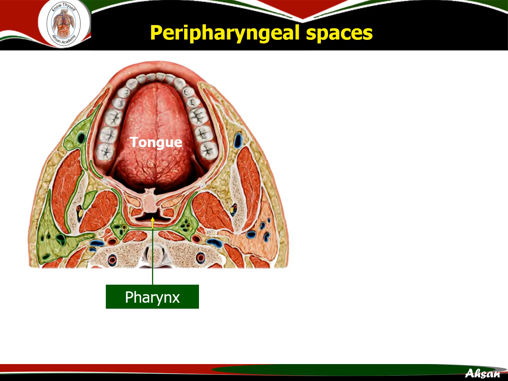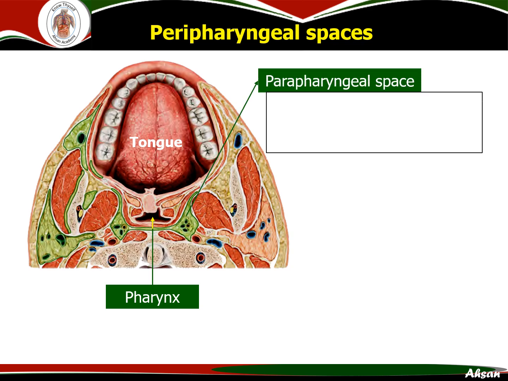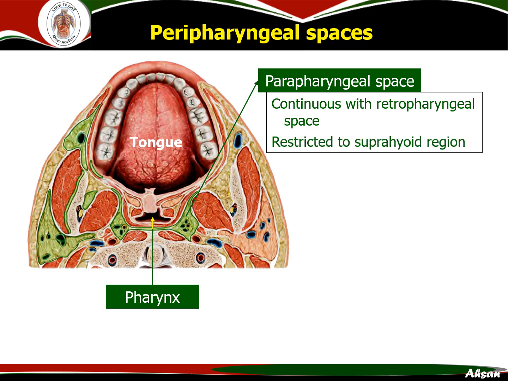You can see this is the horizontal section just above the level of the tongue, and we can see various spaces stained light green. This level 1 is the parapharyngeal space, remaining by the side of the pharynx, and it continues, as you can see in the figure, with the retropharyngeal space, and it is restricted to the suprahyoid region only.